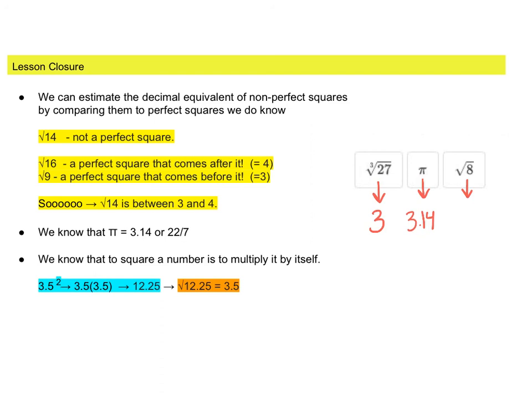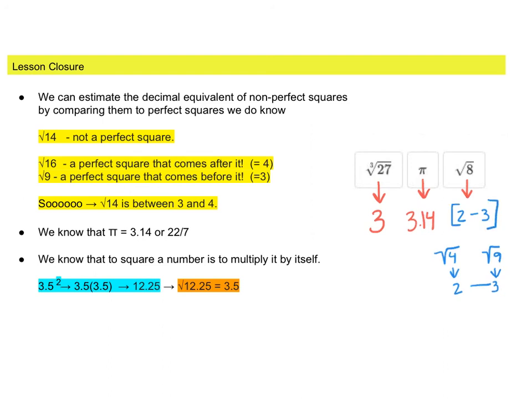I know what comes before it and what comes after it, so I can figure out its placement. So right before the square root of 8, we have the square root of 4, which is 2. And right after the square root of 8, we have the square root of 9, which is 3. So we know that this number is in between 2 to 3. Okay, it's somewhere in between those two numbers.